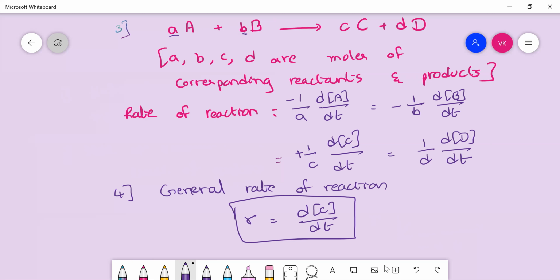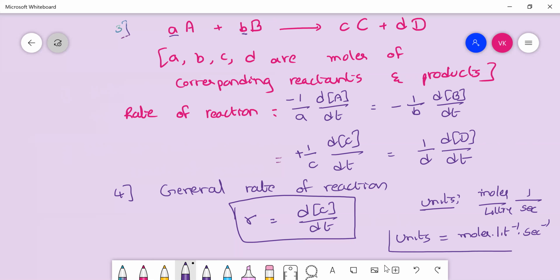So let's determine the units for this. For concentration, it is moles per liter, and t is in the denominator, so t is expressed in seconds. So what are the units for rate of reaction? Moles per liter per second. Moles per liter per second are the units for rate of reaction.